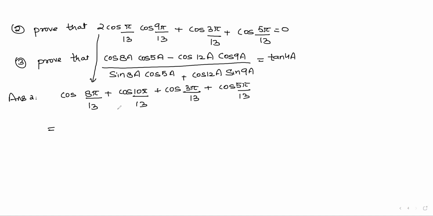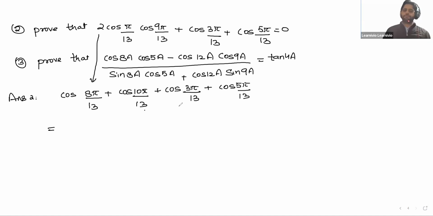Now for the further steps, please check here. There is some relation. This is 13, and this is 8. What is 8 plus 5? 13. What is 10 plus 3? 13.